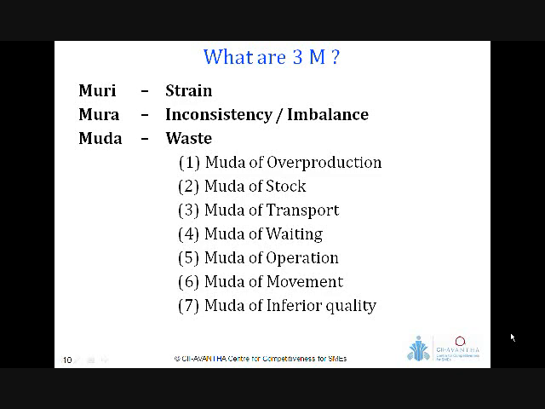There are 7 types of waste in a business process and operation. These are Muda of overproduction, Muda of stock, Muda of transport, Muda of waiting, Muda of operation, Muda of movement, Muda of inferior quality.